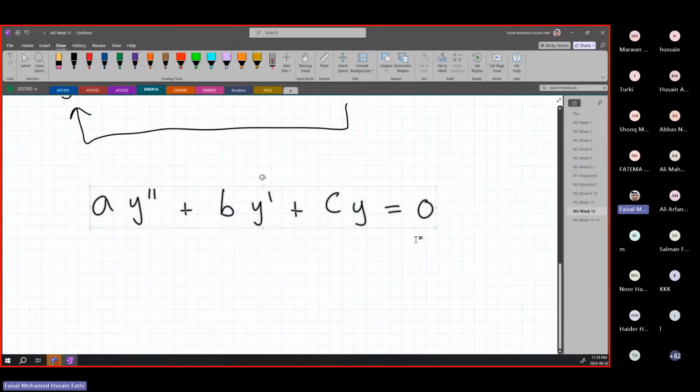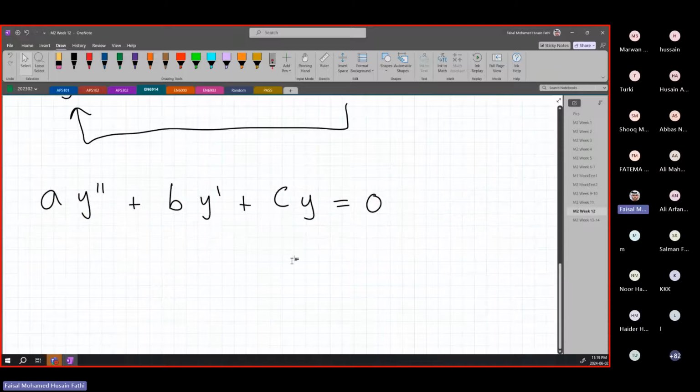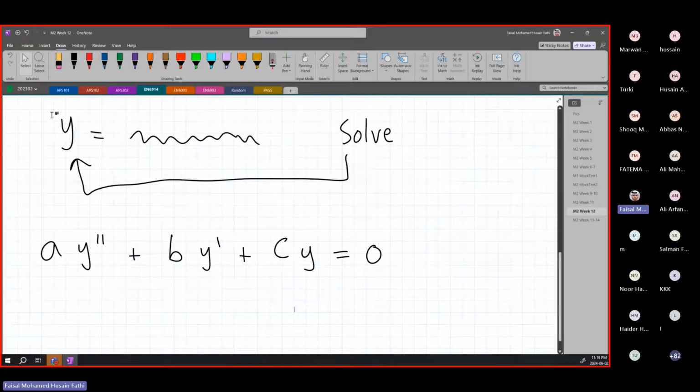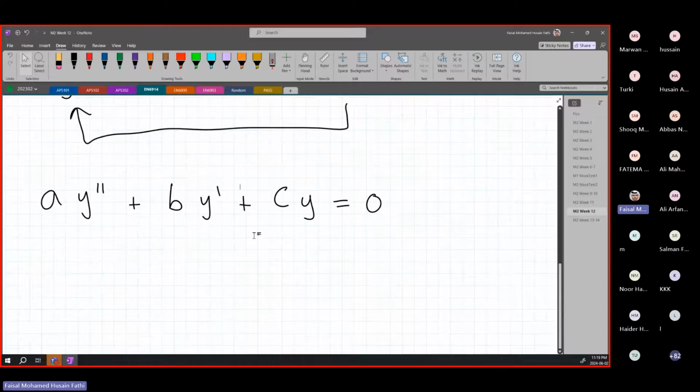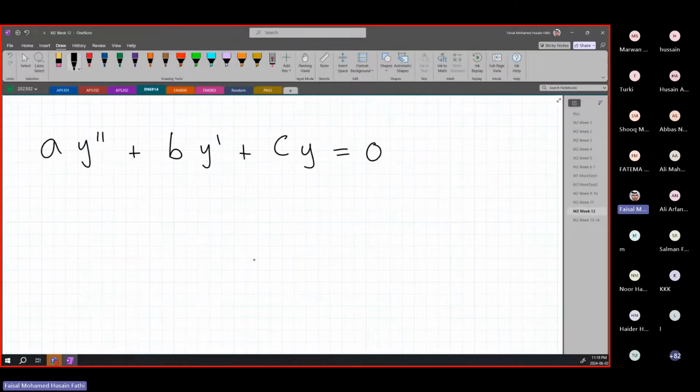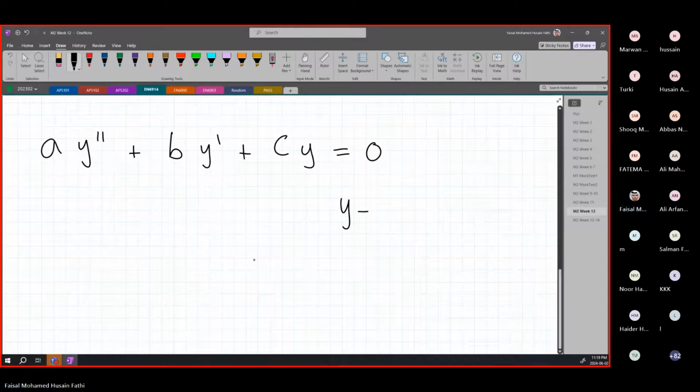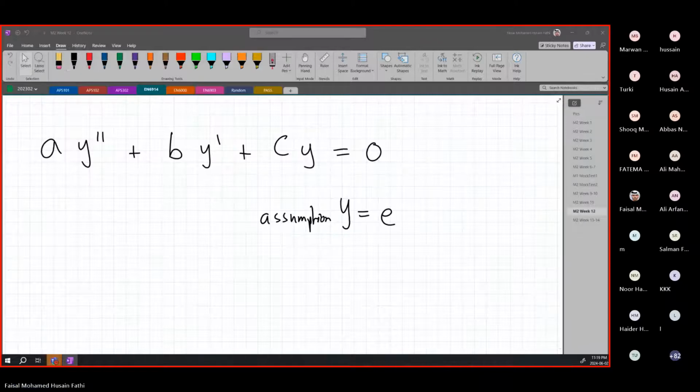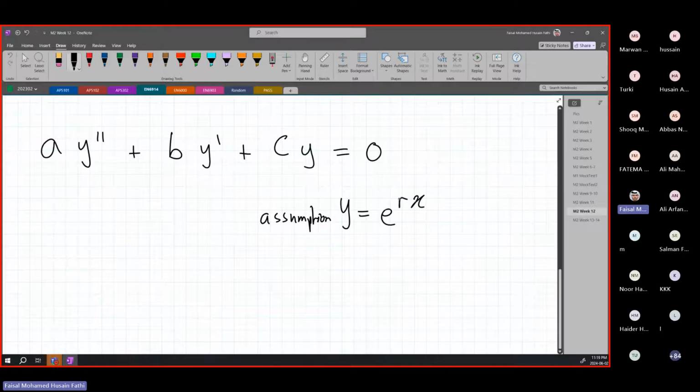So the idea, like I said earlier, is we are trying to find something called a general solution, which is our y. All right, it's known as our general solution. What is done, or how the theoretical way of how to solve it is, y is assumed to be e to the power. This is just an assumption, all right? The assumption is y is equal to e to the power of rx, okay?